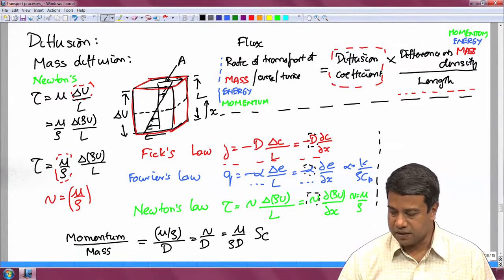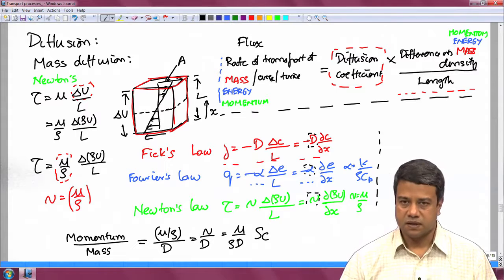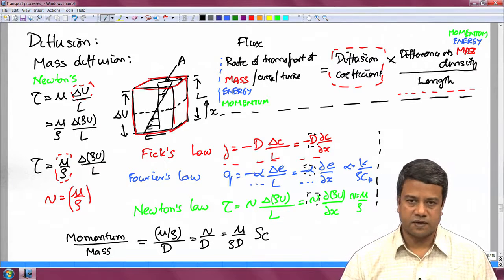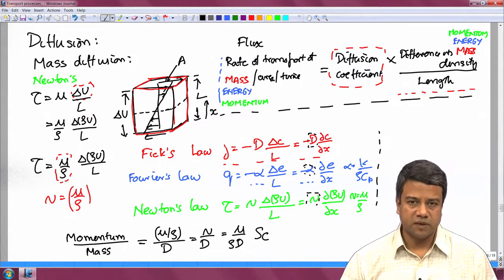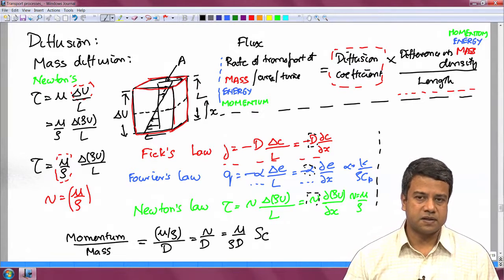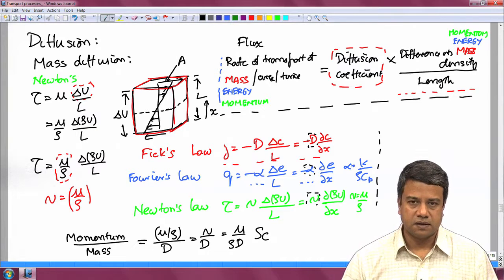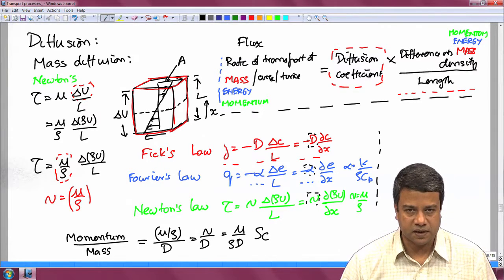And from these we get the diffusion coefficients: the mass diffusion coefficient for mass, the thermal diffusion coefficient for energy, which is written as K by rho Cp, the momentum diffusion coefficient for momentum, which is the ratio of the dynamic viscosity and the density. So, these are the three diffusion coefficients. All three of them have dimensions of length square per unit time.